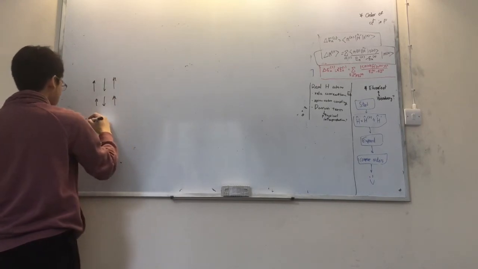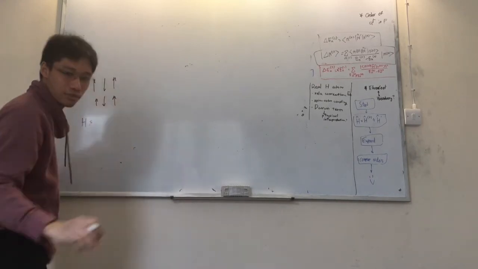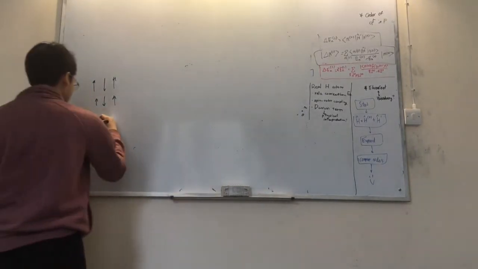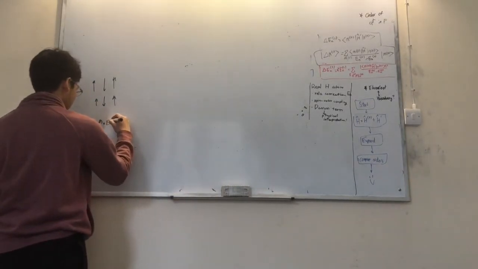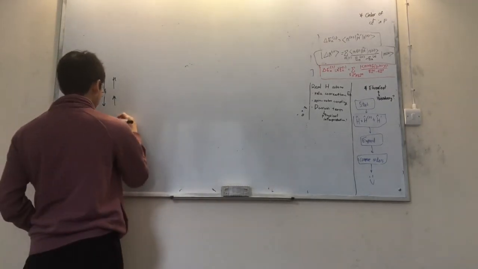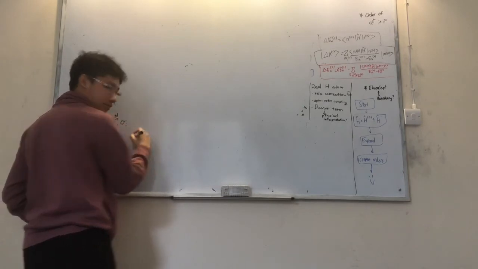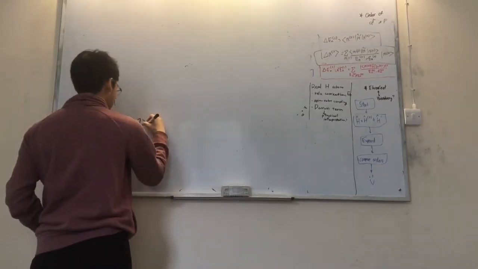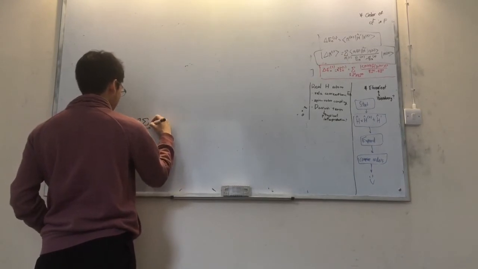The Hamiltonian for the Ising model is something of the form negative mu naught B sum over i of sigma i, minus J sum of sigma i sigma j.